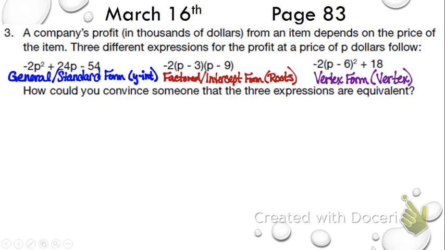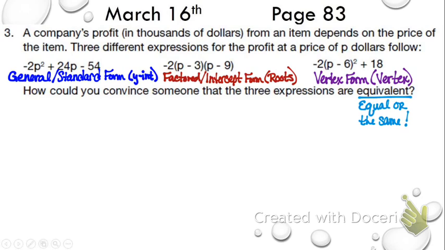Okay, so we want to convince someone that these 3 expressions are equivalent. What does equivalent mean? Equal or the same. So we want to prove that all 3 of these are the same, that they're describing the exact same parabola. Do we know how to go from general form into factored form? Yes.